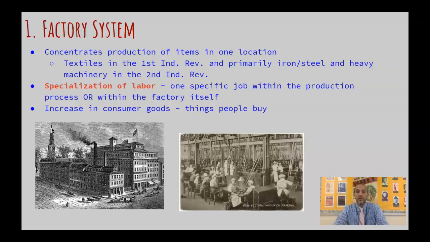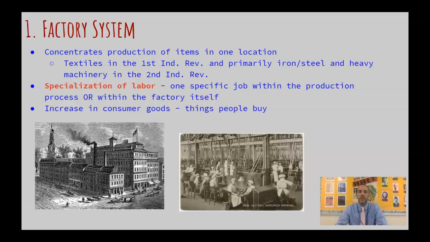Within this factory system, we're going to see development over time during this period. Not necessarily in 1750, but as the factory system develops, we're going to see what's called the specialization of labor, where within this factory production system, you're eventually, as a worker, going to have one specific job. For example, your job might be solely to stitch on the buttons of a shirt or stitch on the sleeves of a shirt.